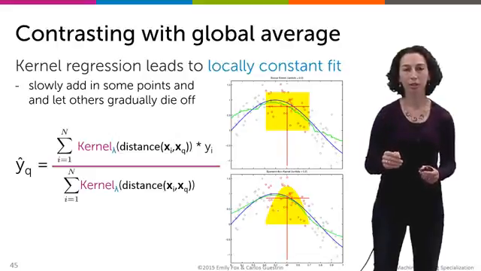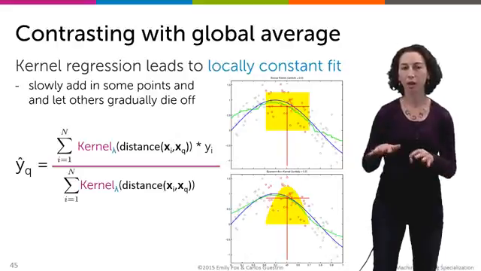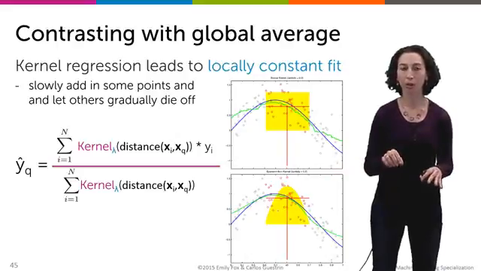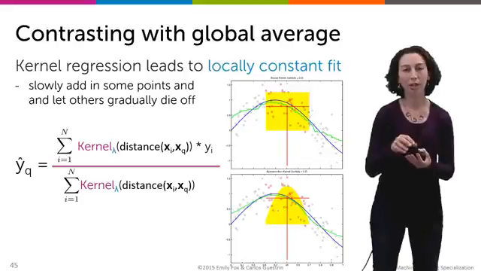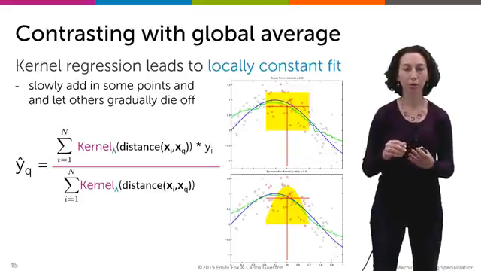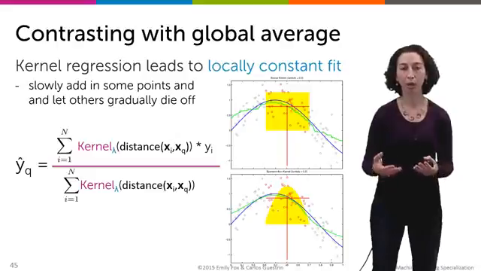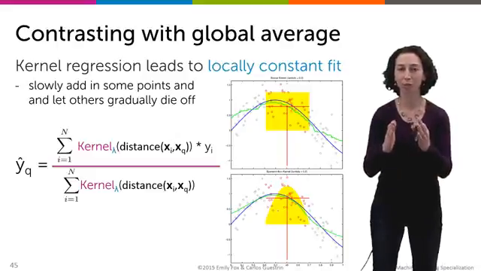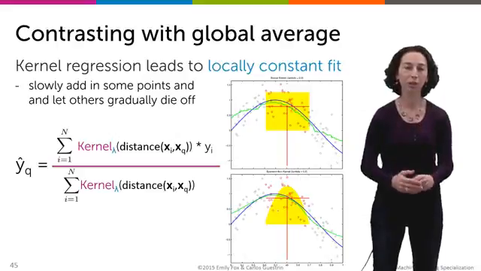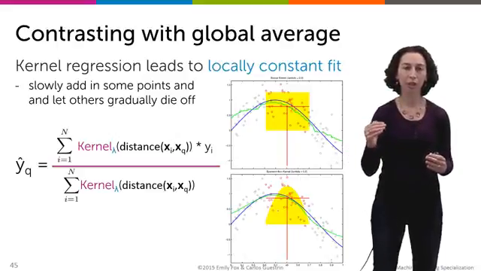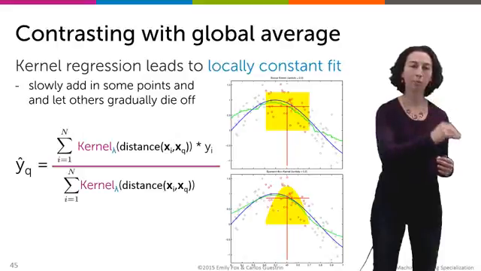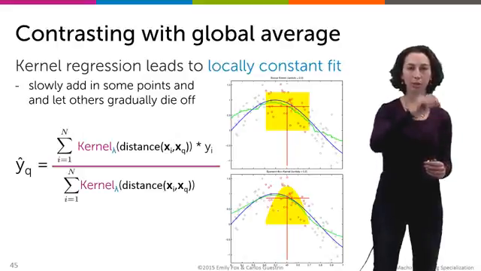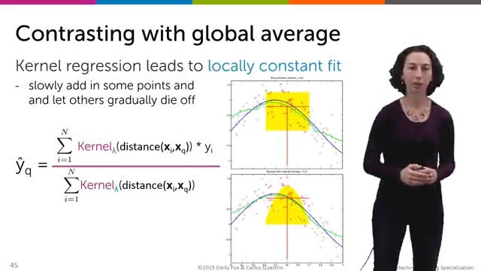What it's doing is just downweighting observations that are further from our target point and emphasizing more heavily the observations close to our target point. So this is just a weighted global average, but it's no longer global, it's local, because we're only looking at observations within this defined window. So we're doing this weighted average locally at each one of our input points and tracing out this green curve.